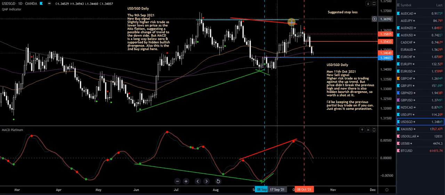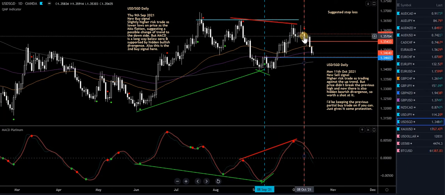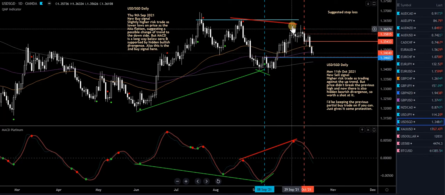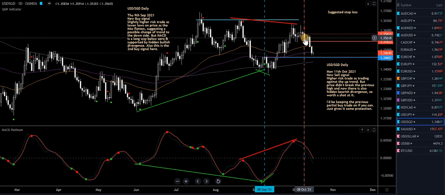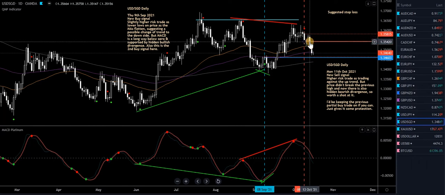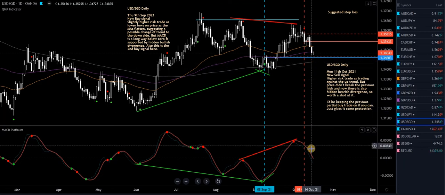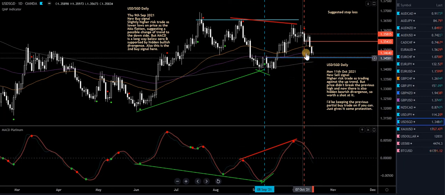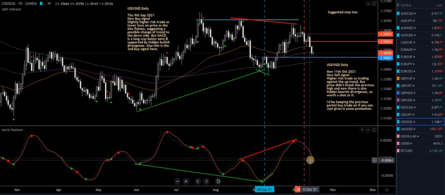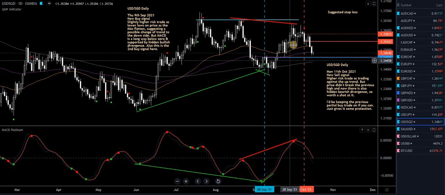Again, we're looking at market structure, just basic stuff. Trend is up, but you look at the big picture. So we're taking a sell in here, went against us for a couple of days, then bang, down she goes. Thursday, there's a move down through the MAs, and the faint blue line, which you may not see on the video, is through the zero level, the MACD Platinum, against the trend.